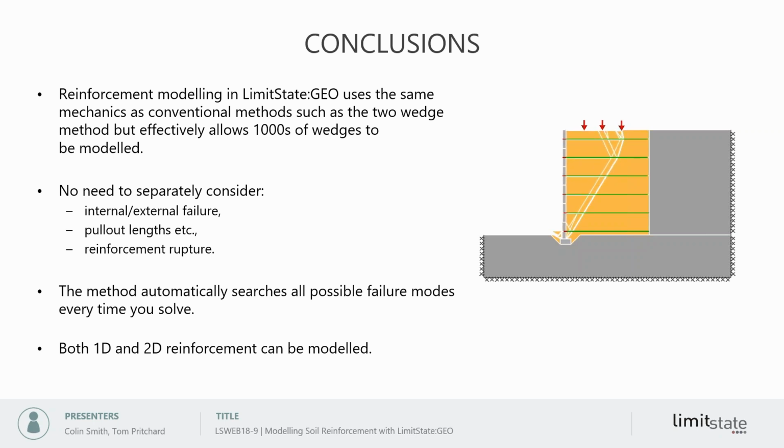Because they're modeled in a fully general way, there's no need to separately consider internal or external failure or pull-out lengths or reinforcement rupture. That's all just captured in the one analysis. The software will automatically search all possible failure modes every time you solve, so you don't have to look at specific ones that you perhaps normally would by hand calculations. And we can model both one and two-dimensional reinforcement.